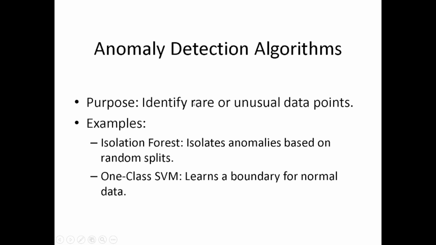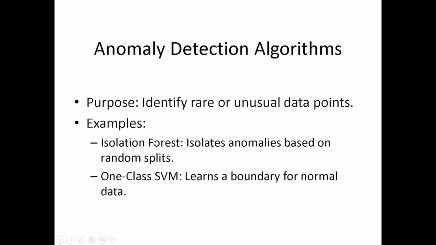So let's continue with anomaly detection algorithms. Their purpose is identifying rare or unusual data points. Anomaly detection is vital for identifying rare data points that deviate from the norm.